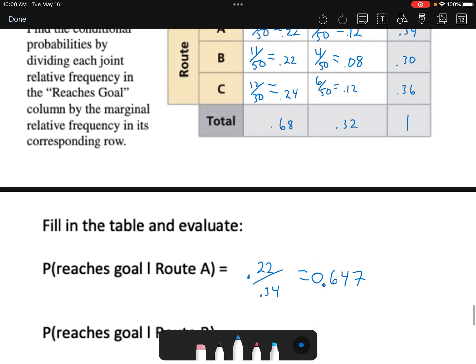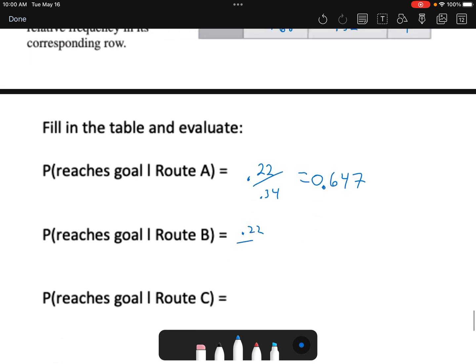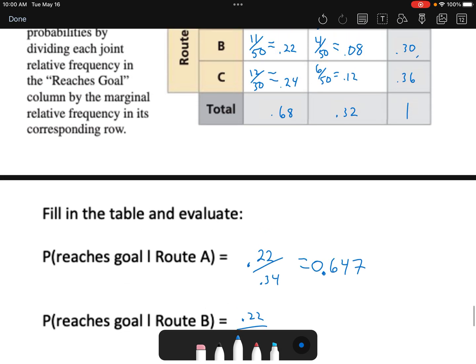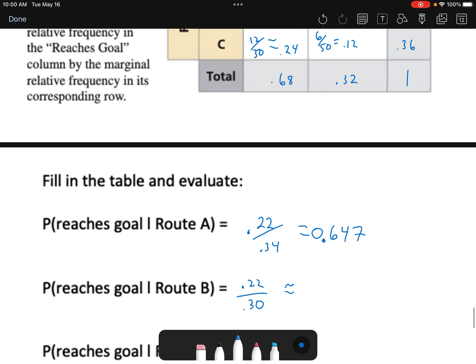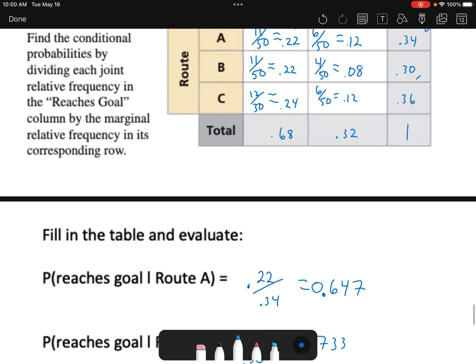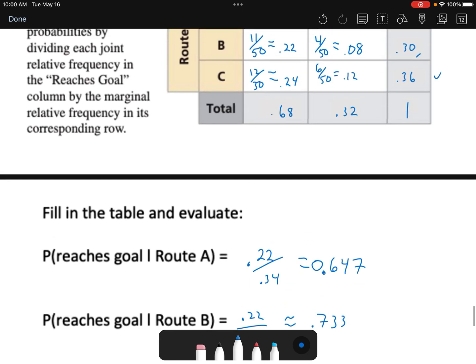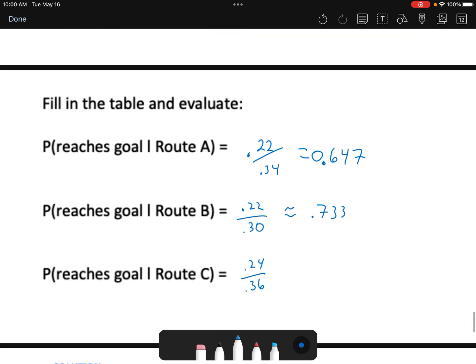How about Route B? 0.22 divided by 0.30, because there's the total there, and that's about 0.733. And finally, Route C is 0.24 divided by the total, 0.36 on C, and that's 2/3. That's 0.667.